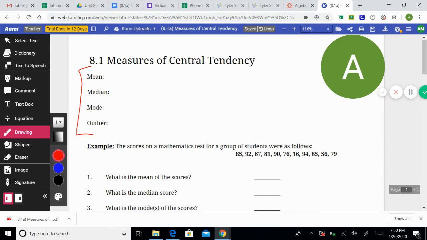So the first thing we're going to talk about is the mean. The mean is just the average. And we find the average by adding all of the values.